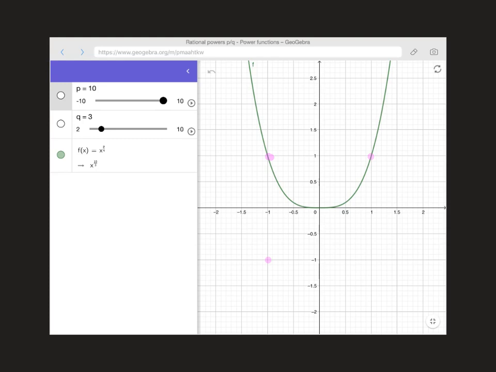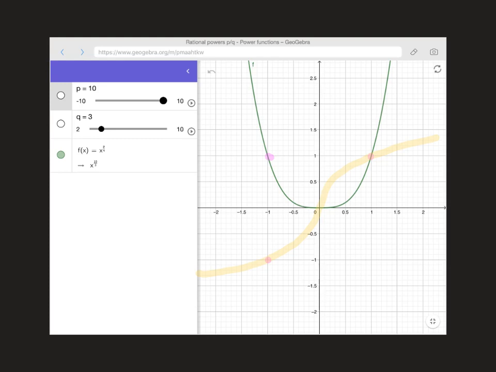We also have the graph actually bending as we go. It starts off up here. This is where our original graph starts. As I move the numerator back down, have a look at where the graph bends to.